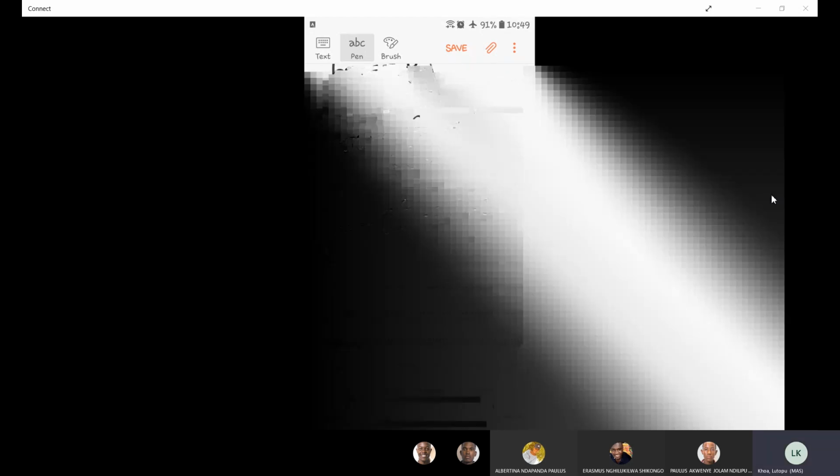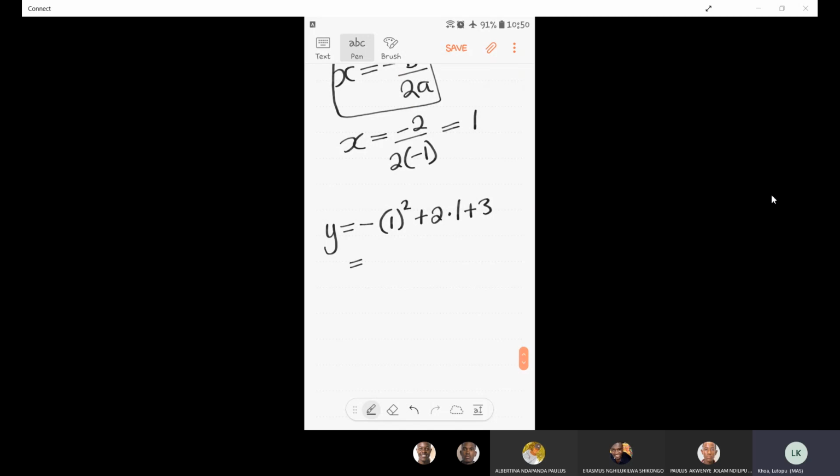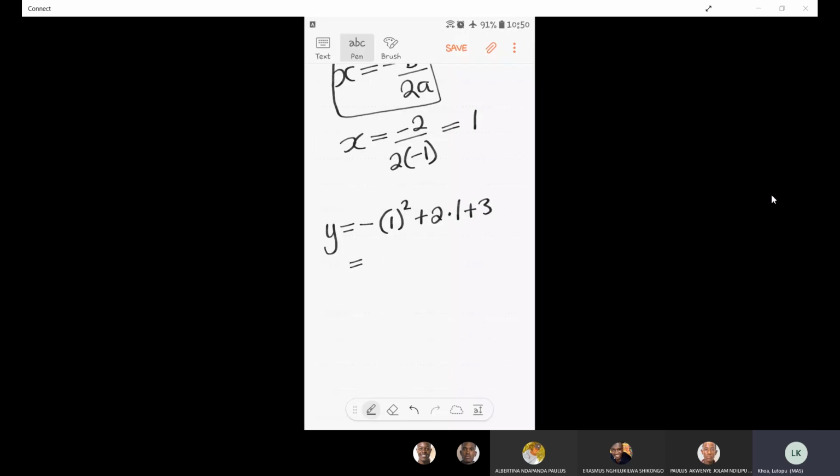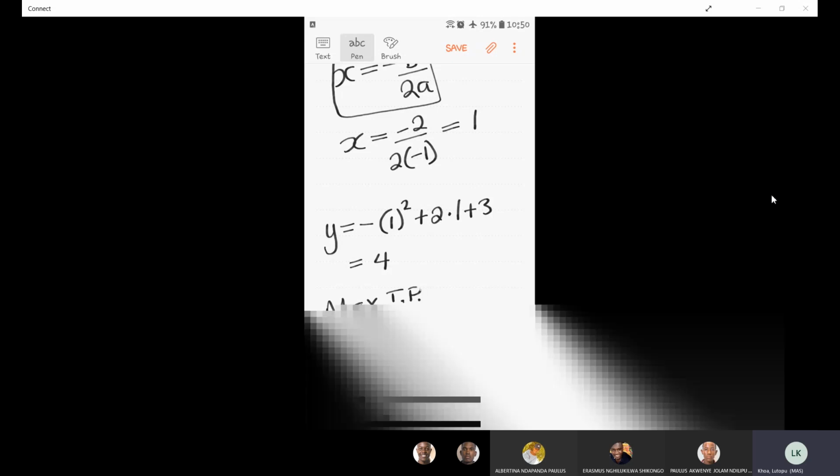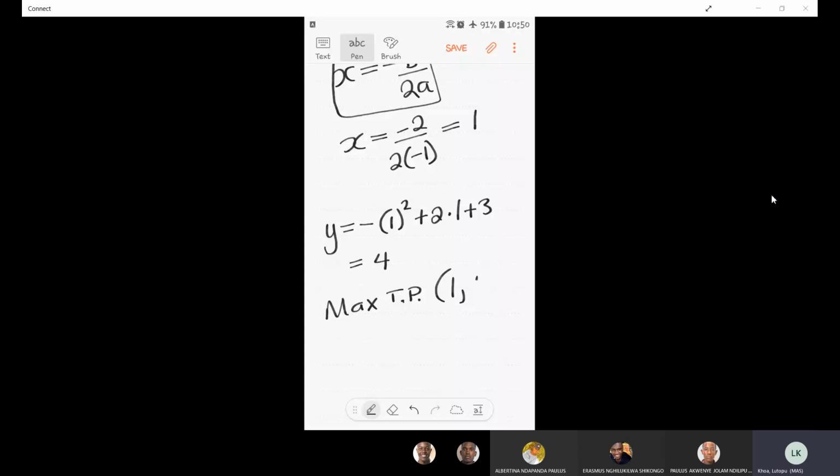All right, just work it out. Negative 1 squared plus 2 plus 3, this is equal to 4. So the maximum turning point has the coordinates 1, 4.